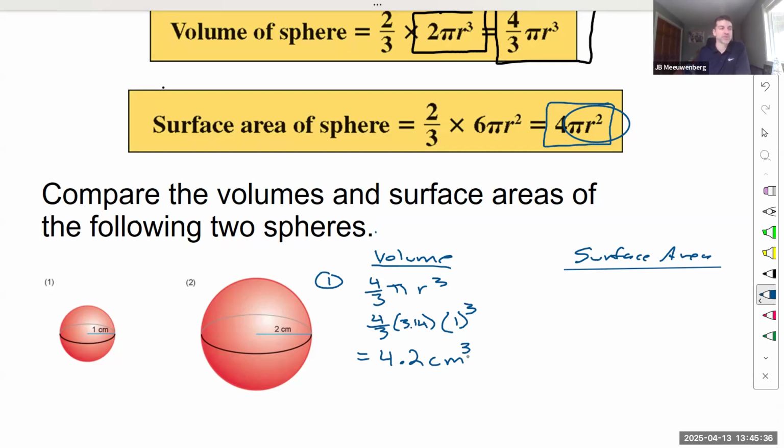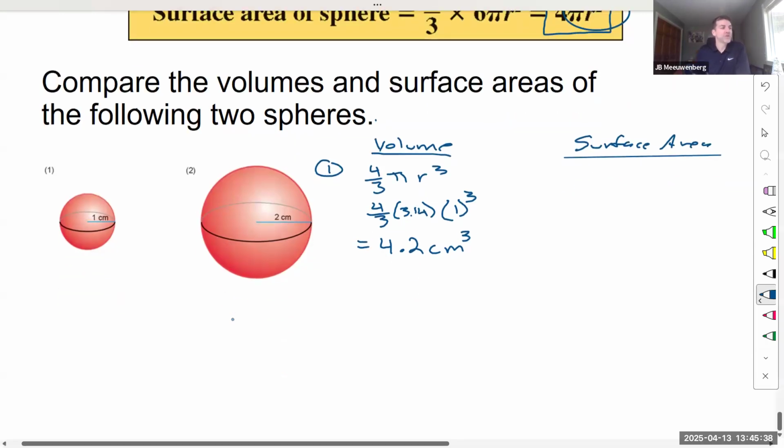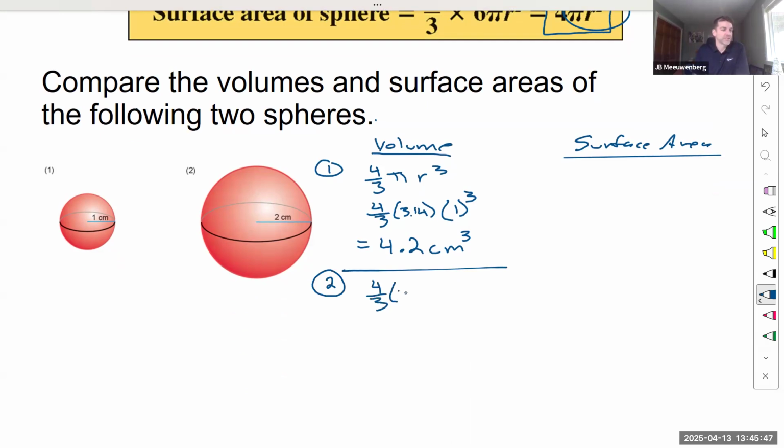Centimeters cubed. If we do this for sphere number 2, we have 4/3 times 3.14, and this time our radius is 2 centimeters. So we will take 2 cubed.